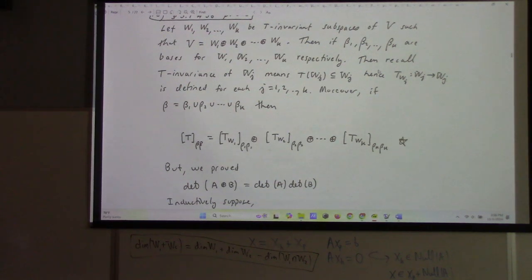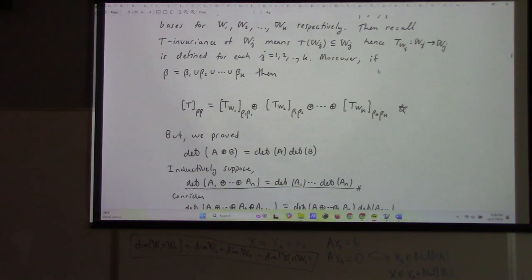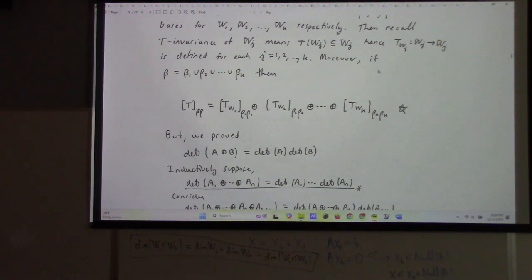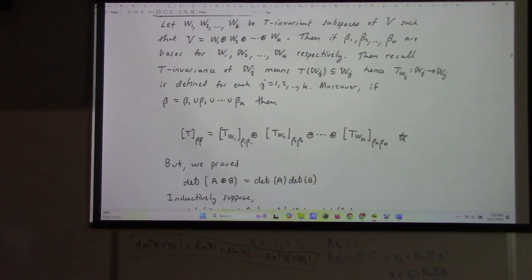This one here wasn't bad, but you do need to know some bells and whistles about the determinant, like the determinant of the direct sum is the product of the determinants. That's one thing. And also this big theorem we had about invariant subspaces, right?